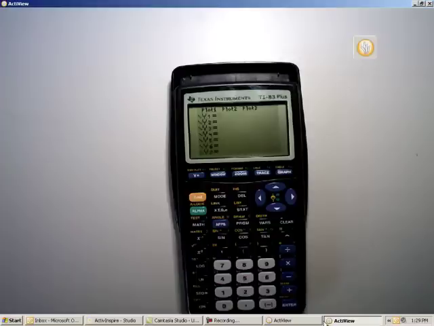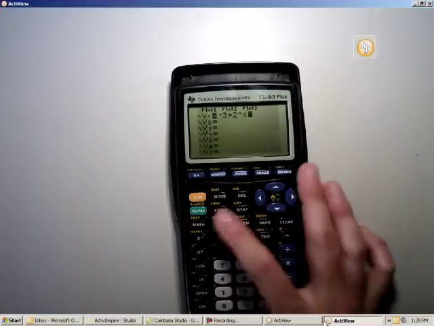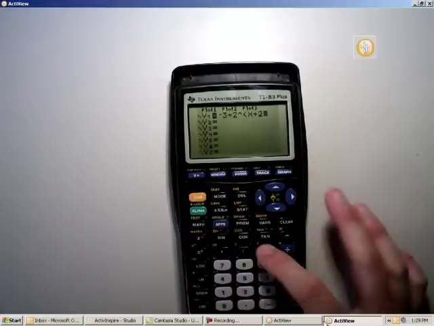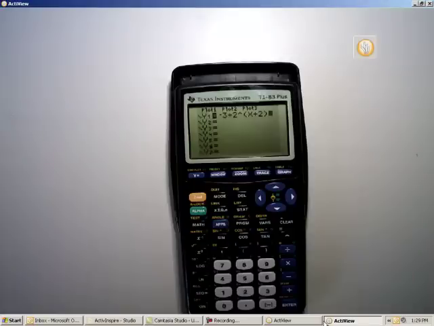So I'm going to go ahead and plug this in, which was -3 times 2 raised to parenthesis x plus 2, and then close your parenthesis. And when you go to graph, that is what the graph should look like. So you can sketch that on your paper.